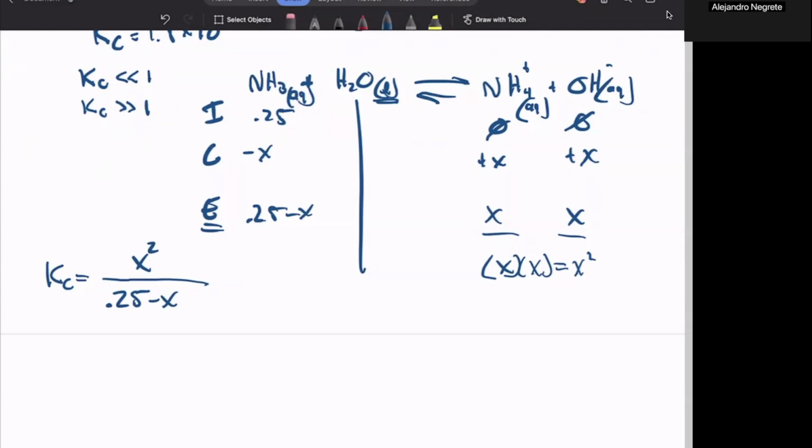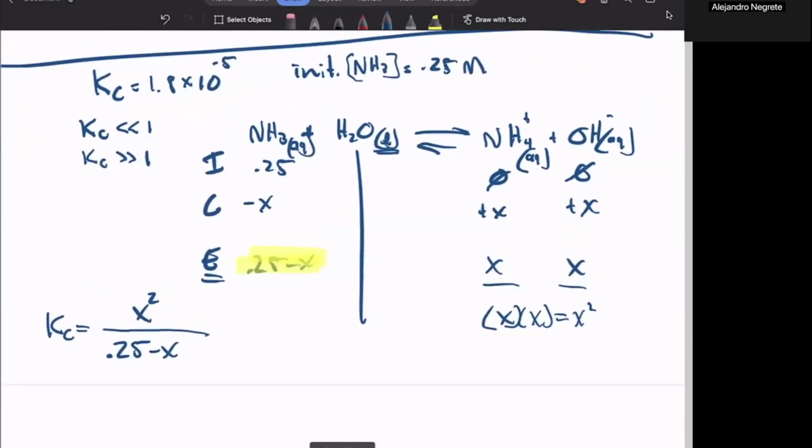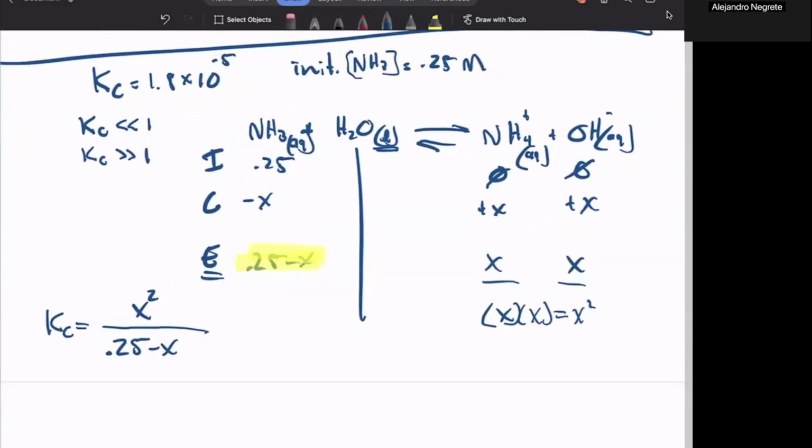What we can do here is, in this concentration here, I'm going to highlight this. K sub C is 1.8 times 10 to the minus 5. This K sub C is definitely not just smaller than 1, it is a lot smaller than 1.